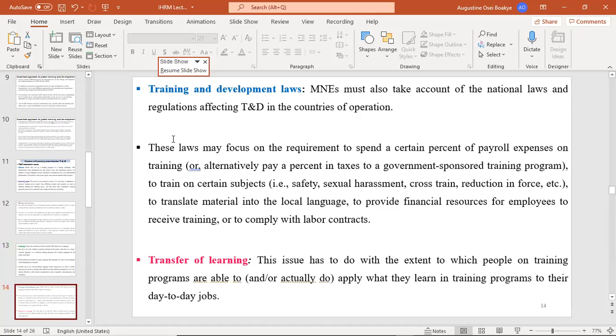Now, training and development laws. Multinational enterprises must also take account of the national laws and regulations affecting training and development in the country of operation.